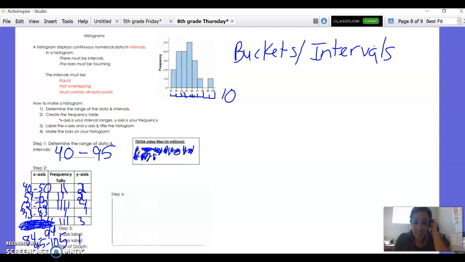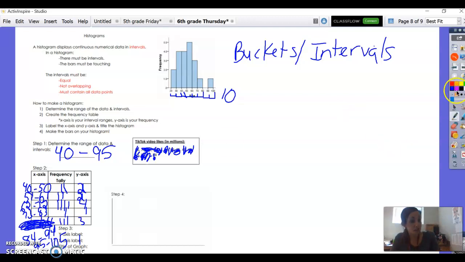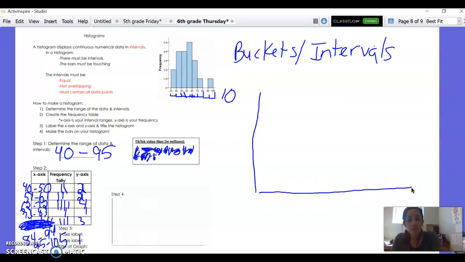Okay, let's see if I can actually graph our histogram correctly. I'm going to make it larger over here so you can see it. Okay, my next step, step number 3, is to label my y-axis and my x-axis. So my y-axis in a histogram is always frequency, always.